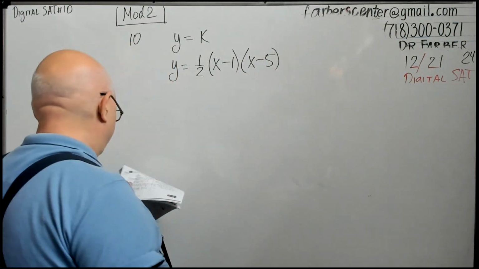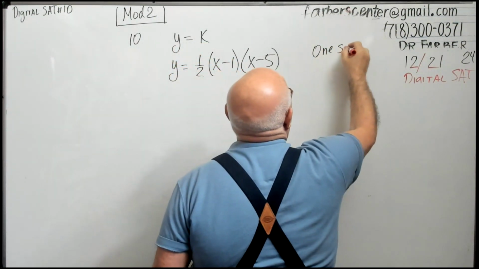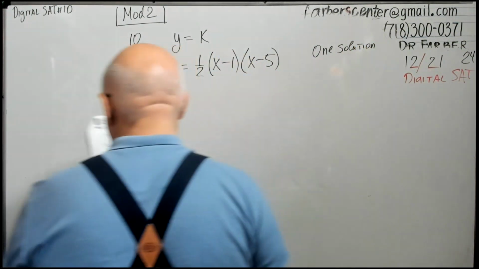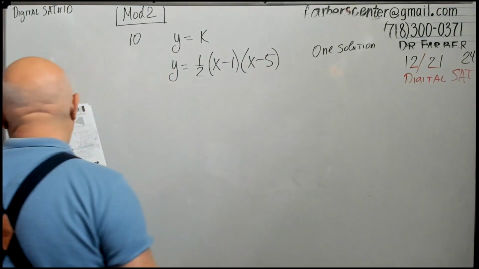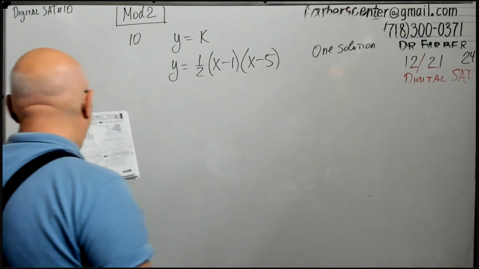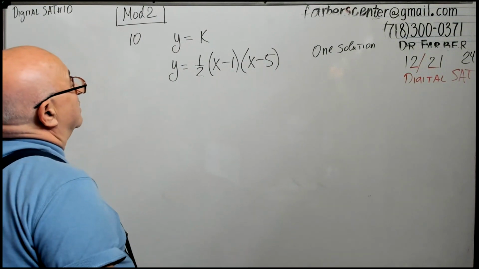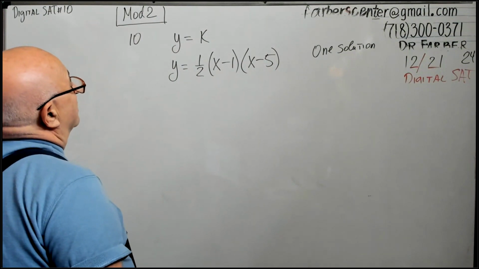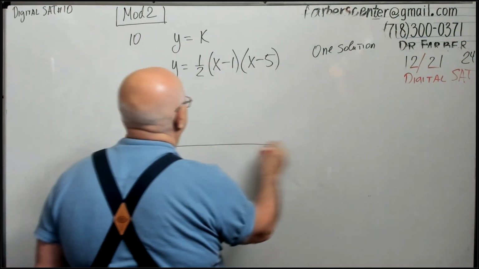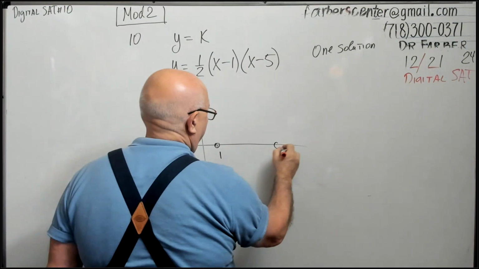If this system has exactly one solution, which of the following is k? Okay, you can do this in two different ways. For instance, I can make a sketch: x equals 1, x equals 5. This is 1, this is 5.